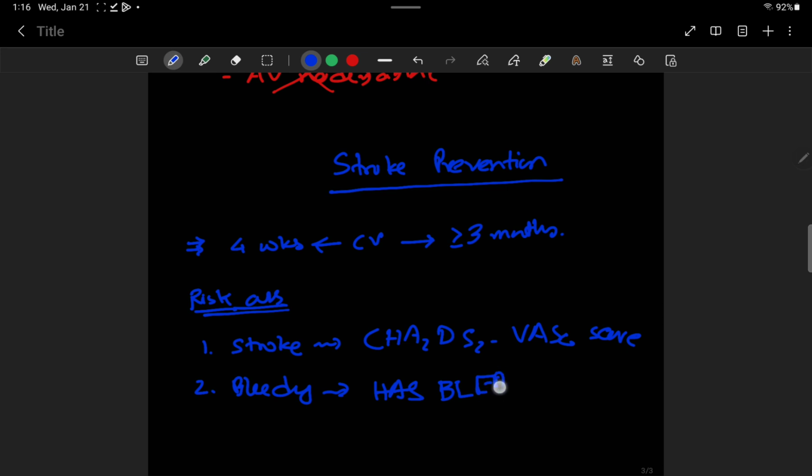If HAS-BLED is more than or equal to 3, you have to monitor the patient closely, but it is not a contraindication. And stroke risk is the same in both persistent and paroxysmal AF. So it is your clinical exposure, your way of thinking, that you have to prevent it and give proper treatment.